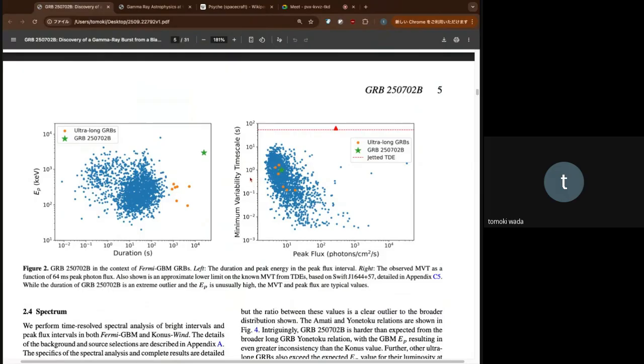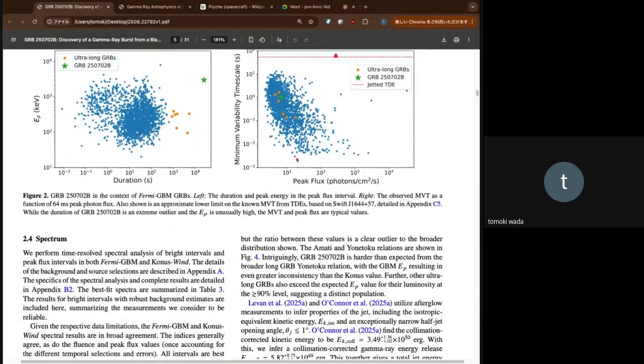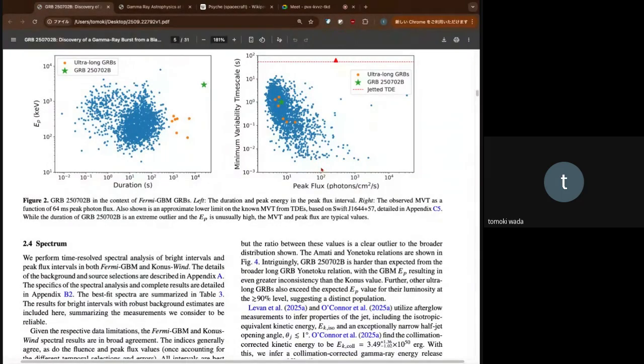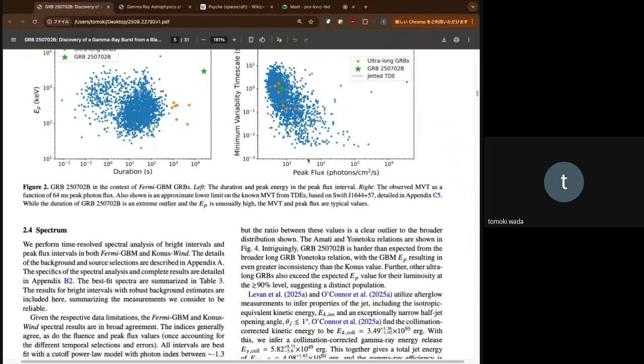But this time scale can put some constraint on the size of system, and they conclude that this variability time scale is inconsistent with jetted TDE. They say that this GRB comes from some compact system, and maybe similar to typical GRBs.